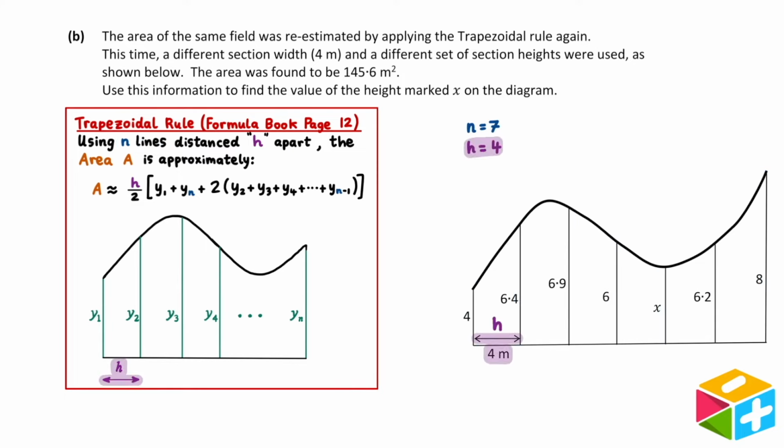H is the distance between the vertical lines, and in our picture, h is equal to 4. A represents the area, and we're told in the question that the area is 145.6.